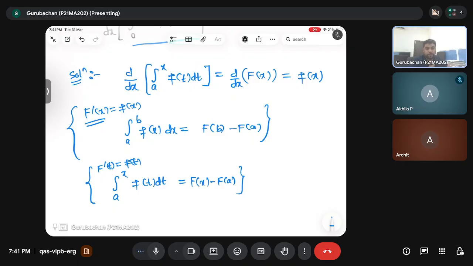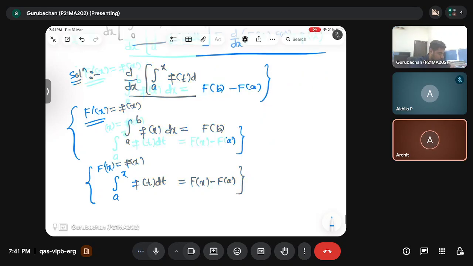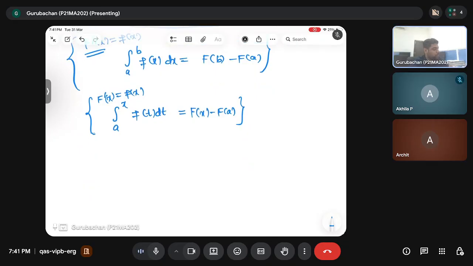Is it clear? Yes, sir. Now differentiate both the sides. What do you get? Sir, f of x. Small one. Does it look similar to this one? Yes, sir. So that's what we are going to use.